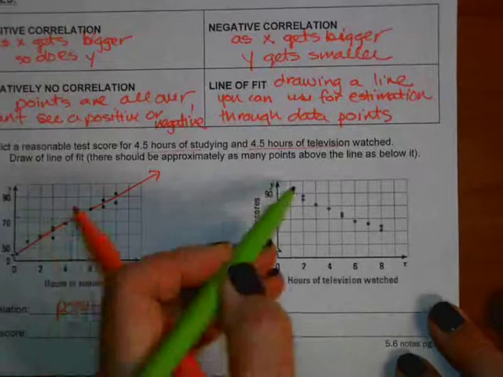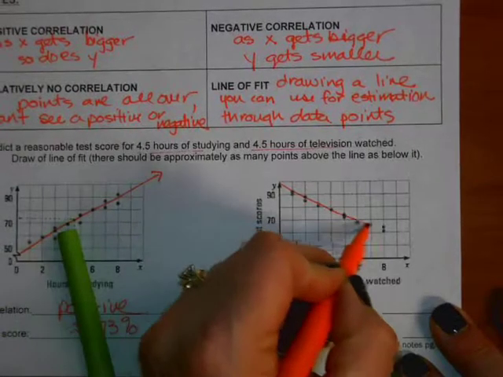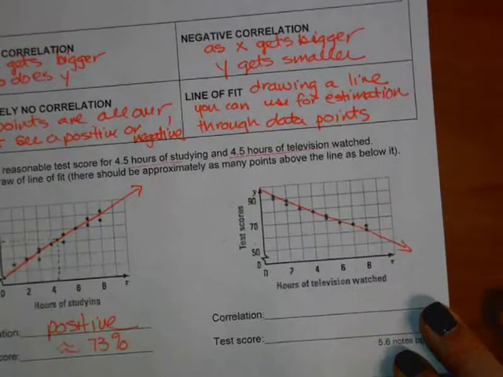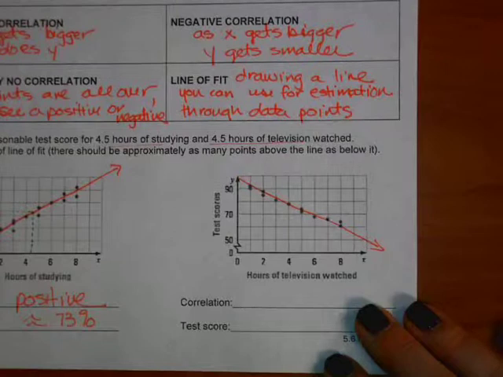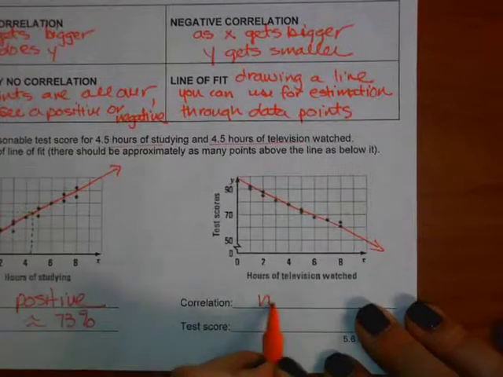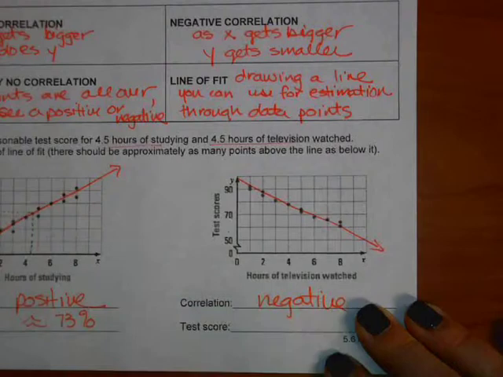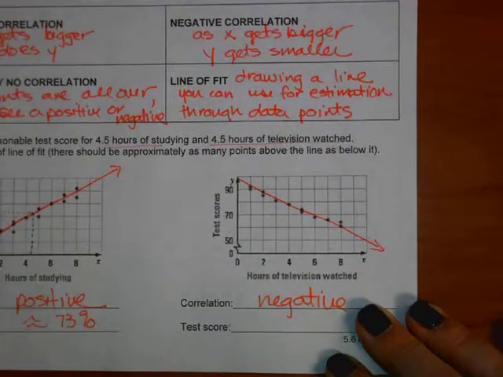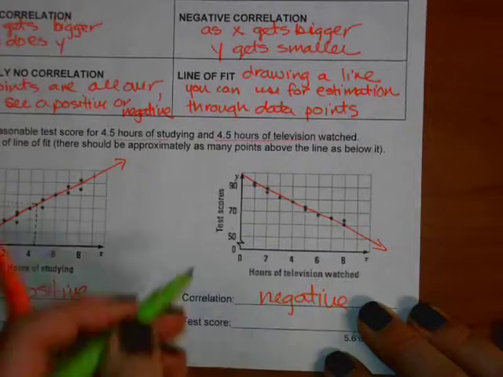Okay, let's draw a line through here as close as you can. Is that a positive or a negative correlation? Negative. And I find these two pieces, well, you'll see in a second. Let's see. 4.5 hours of TV watched. Let's see what happens to the test score.